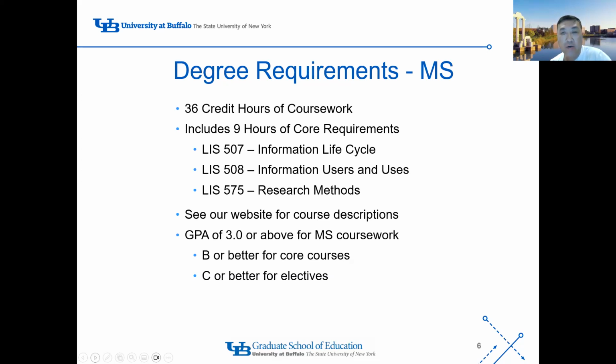Understand that in order to graduate, your cumulative GPA must be at least 3.0 or even better. For the 3 core courses, you must earn a grade of B or better, and for all the electives, you must earn grades of C or better.